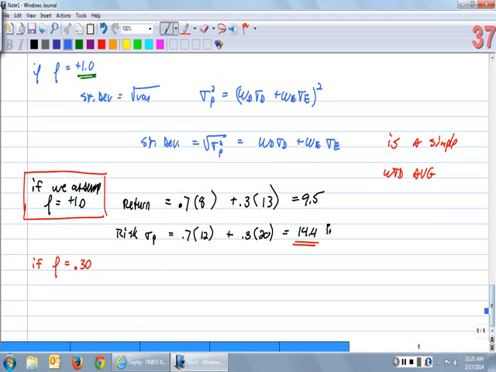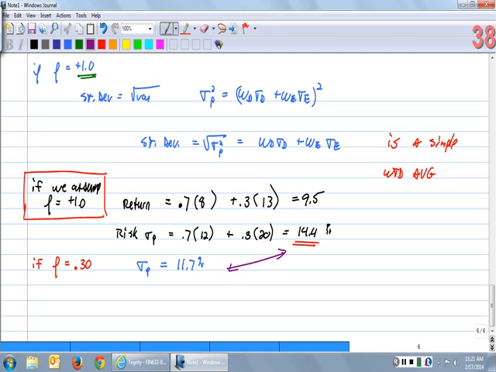So if the correlation is +0.3, the standard deviation was 11.7%. So we know we got risk reduction. We said it earlier, we know we had risk reduction because 11.7 is less than 12. But how much risk reduction did we get?